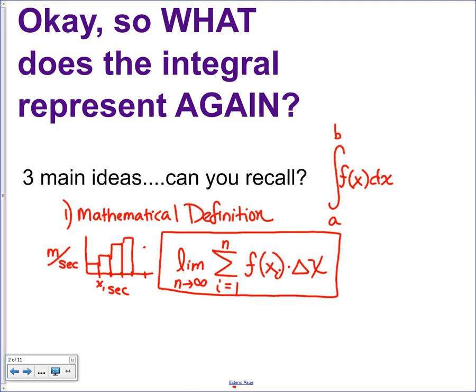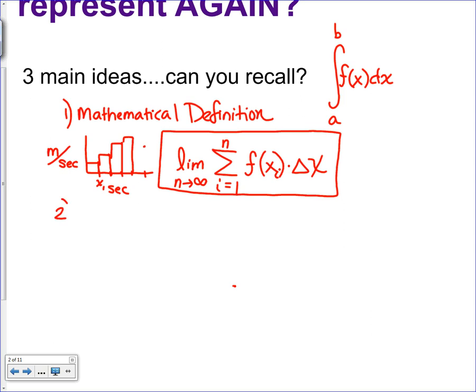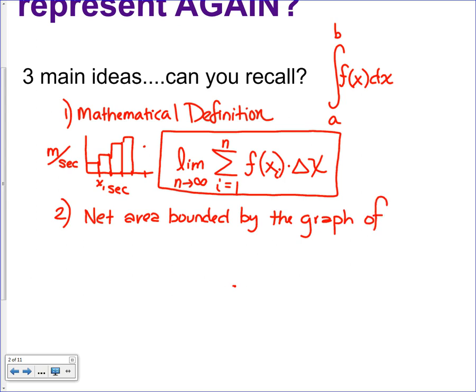Then we did more graphical understanding, and we said, hey, this represents the net area bounded by the graph of f, the lines x equals a, x equals b, and the x-axis.